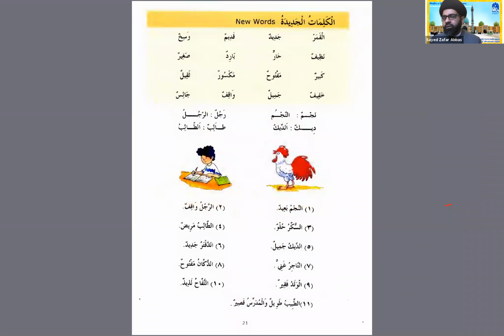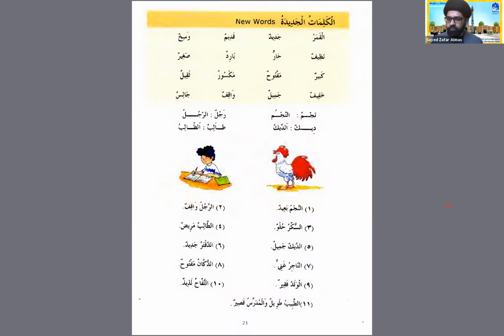So we have al-qamar, which means moon, the moon. Jadid, which means new. Qadim, which means old. Wasikh, which means dirty. Nadif, clean. Har, hot. Barid, cold. Saghir, small. Kabir, big.